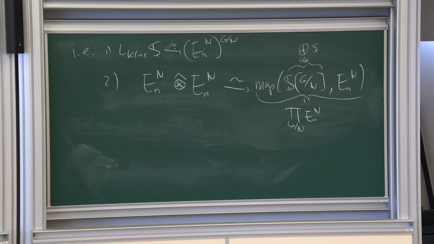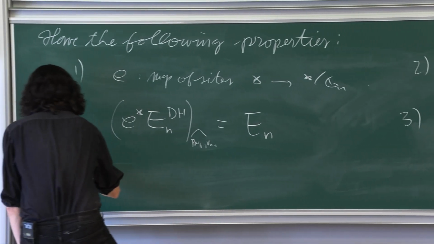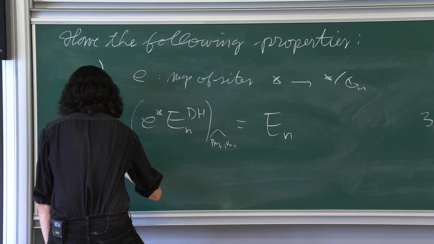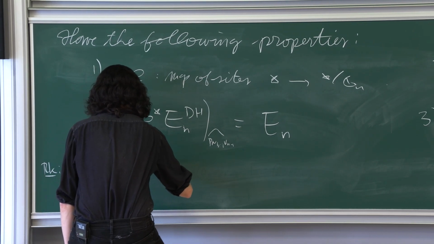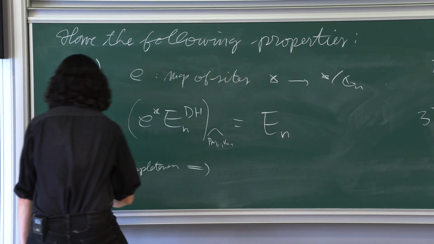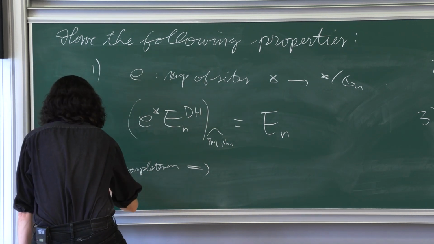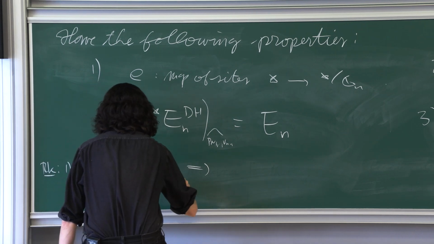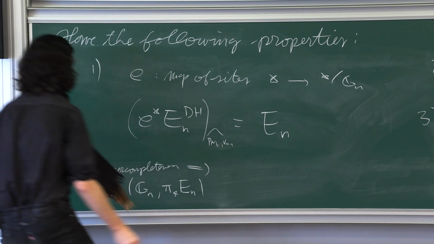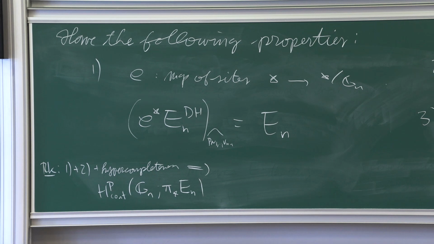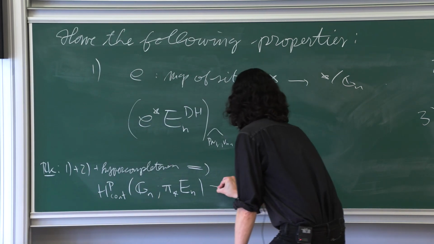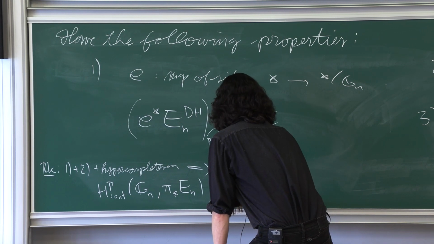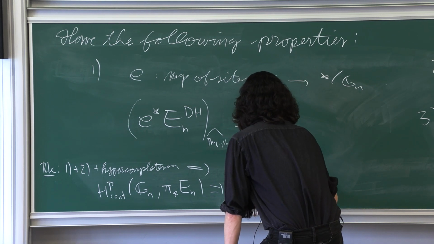Right, so actually, just from 1 and 2, let me make a remark here. 1 plus 2, and plus, this is crucial, the hypercompleteness, gives a spectral sequence. So just to give an indication of what this is saying, if you take the continuous cohomology of this Morava stabilizer group acting on the homotopy groups of En, then there's a spectral sequence where this converges to the homotopy groups in degrees pi minus q of the Kn local sphere.